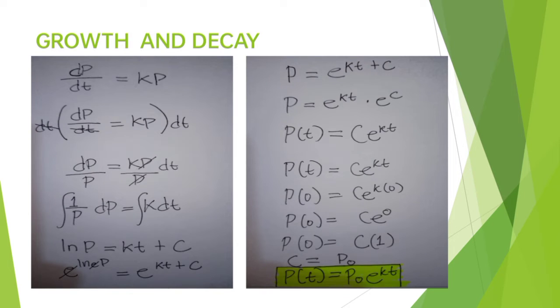So population of t equals C e raised to k times time, rather.